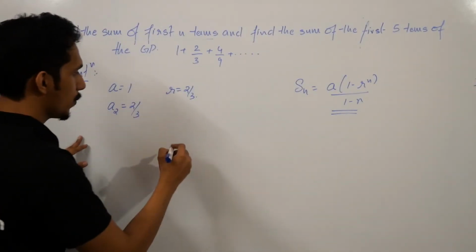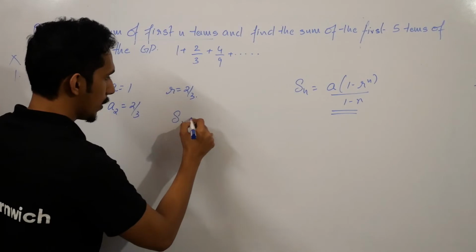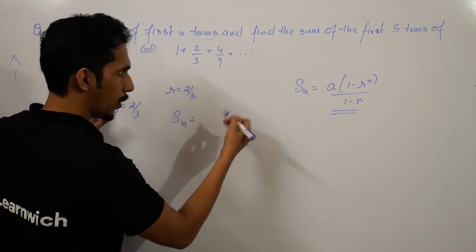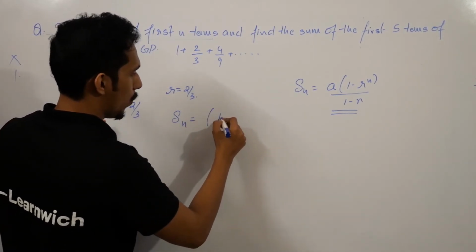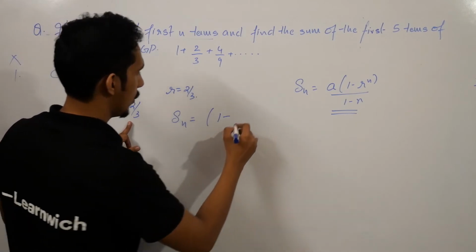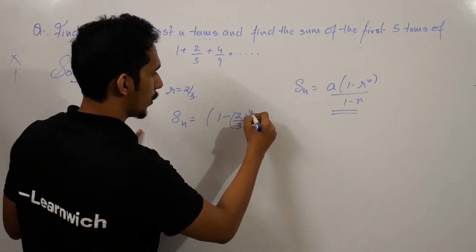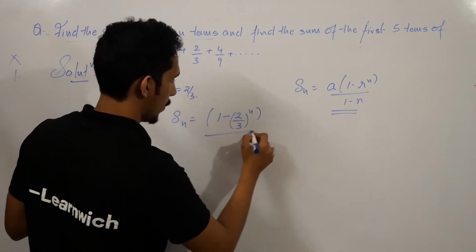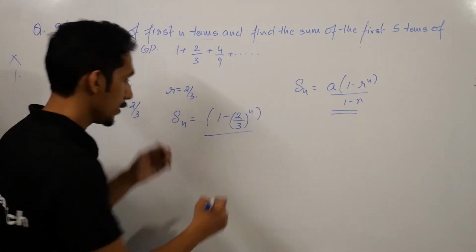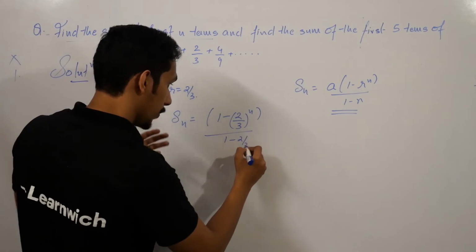So you can write Sn is equal to 1 into 1 minus 2 by 3 the whole raised to n by 1 minus 2 by 3.